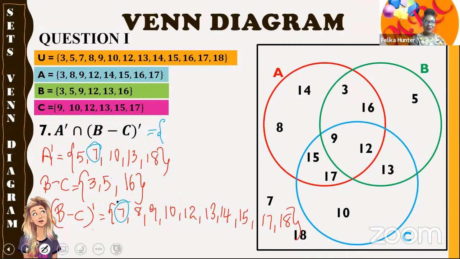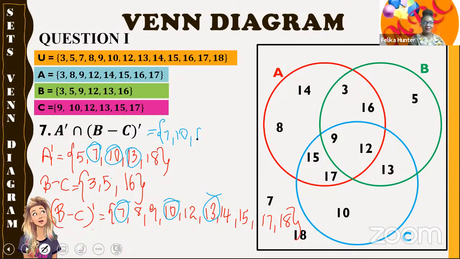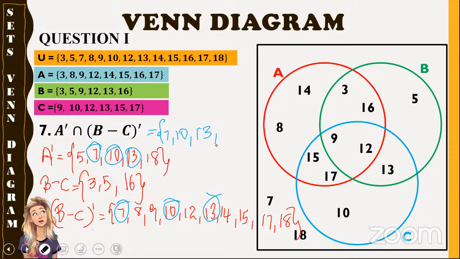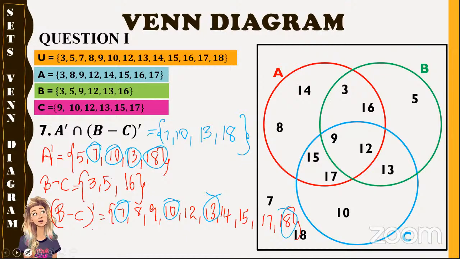So that's 7. 10. 13. 18. Good. And that's it. All right. Great. So I give you a minute to copy.